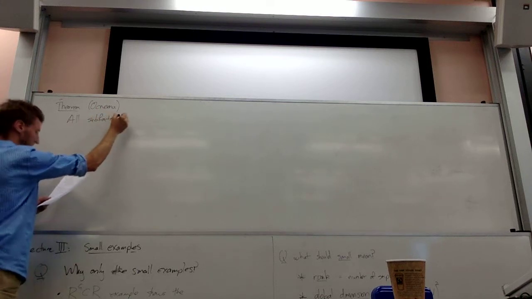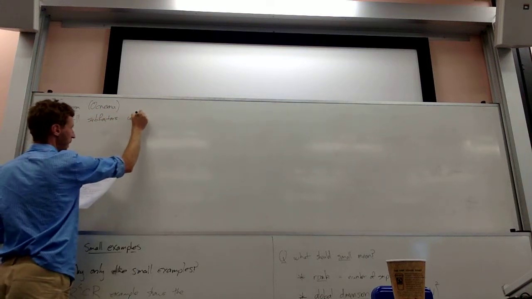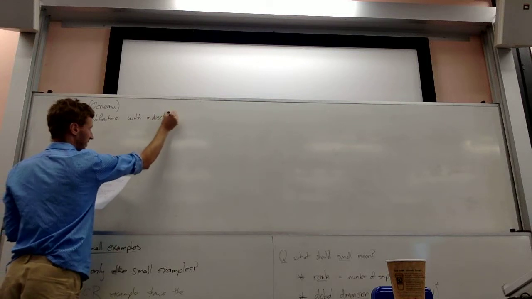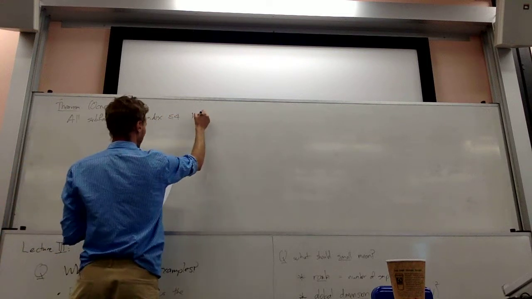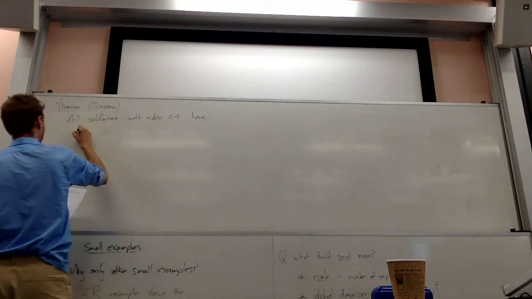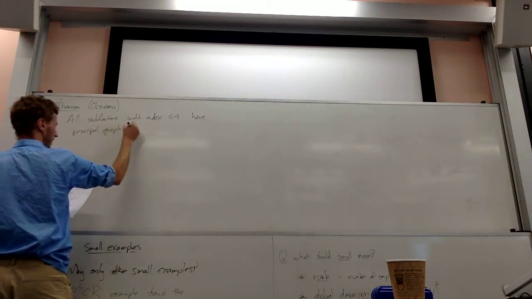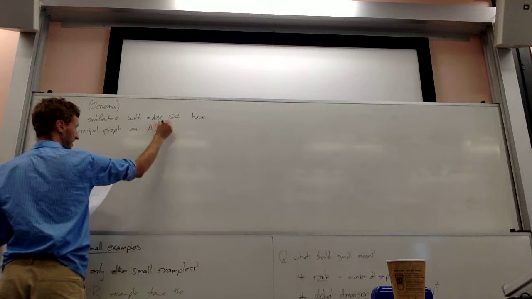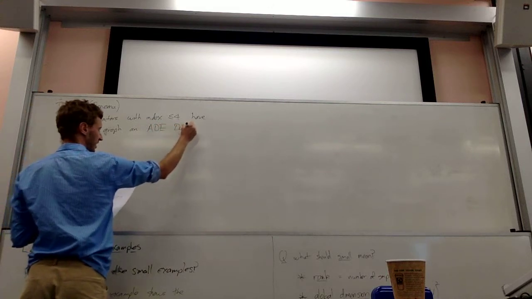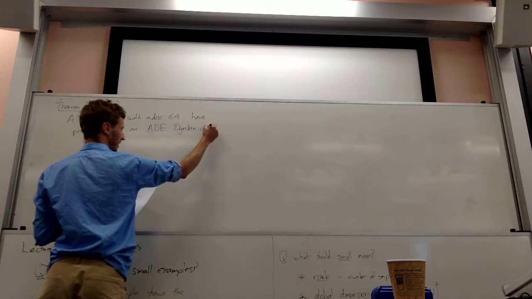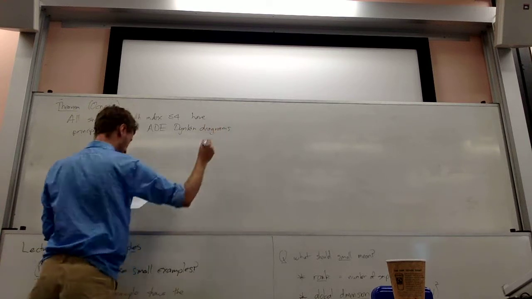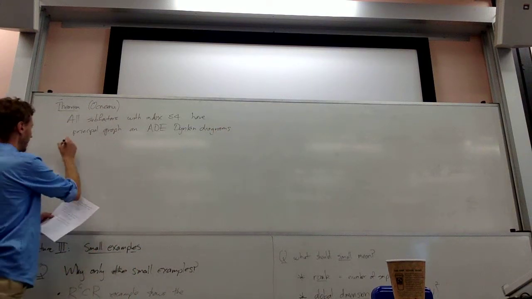All subfactors with index less than 4 have principal graph one of the ADE Dynkin diagrams.